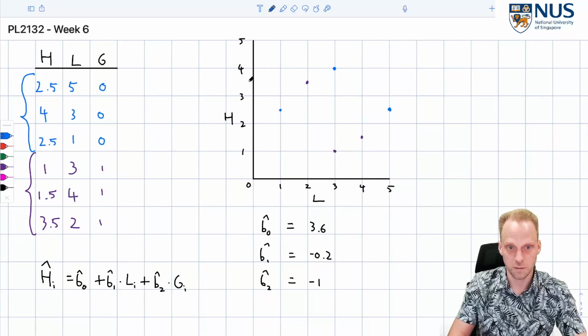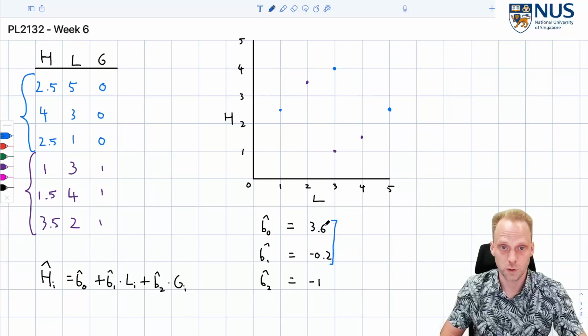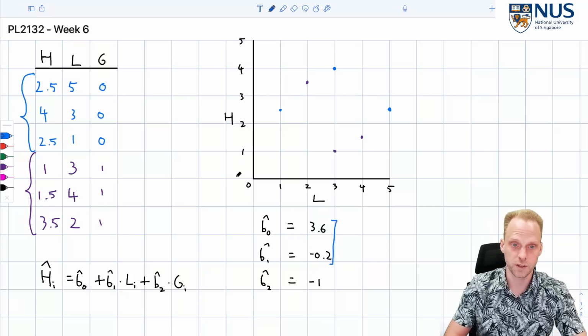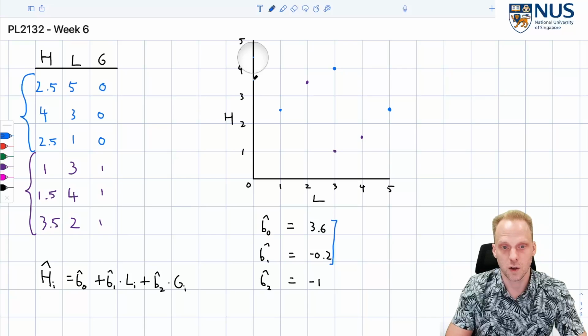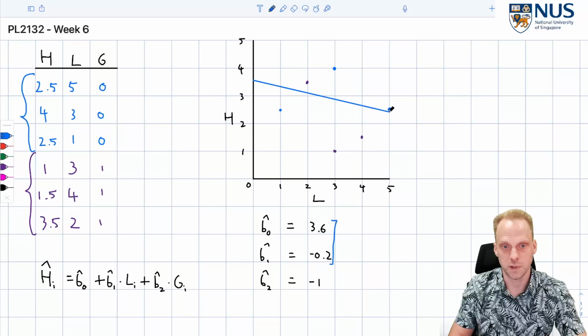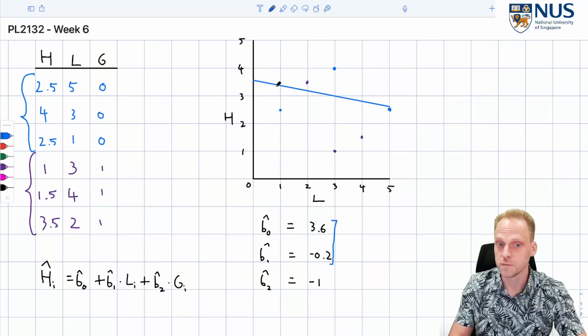That means that for the hamsters, we just need these 2 parameters to draw our line. We have an intercept of 3.6, let's say about here, and a slope of minus 0.2. So that would be, I'm going to guess, about this. Seems about right, about equally distant from the blue points.